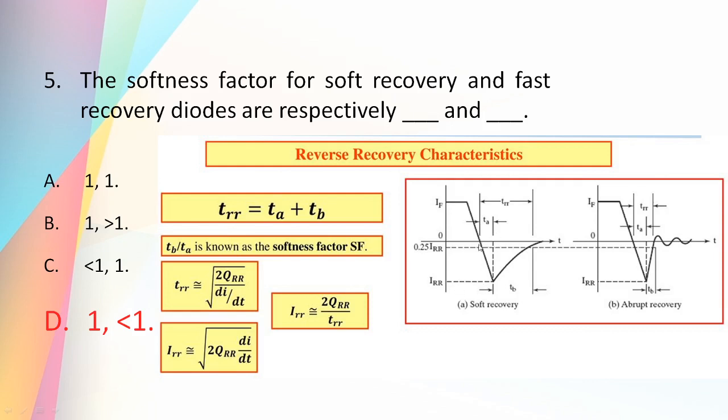So this ratio is called the softness factor or SF. A diode with softness factor equal to 1 is called the soft recovery diode, and the one with softness factor less than 1 is called the fast recovery or abrupt recovery diode. So this one is the abrupt recovery case and this one is that of soft recovery.